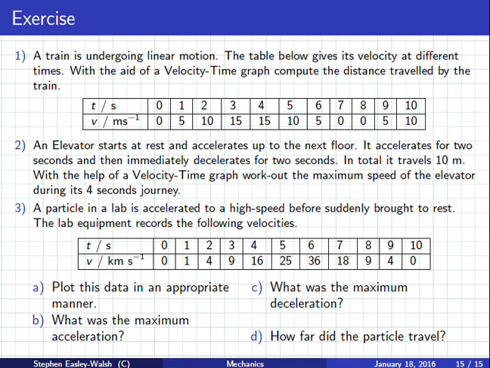So let's calculate the slope of this line, the gradient. From maths, you know it'll be y2 minus y1 over x2 minus x1. So this here, v minus u, is the change, how much the velocity changed.